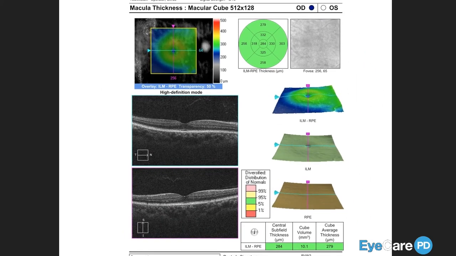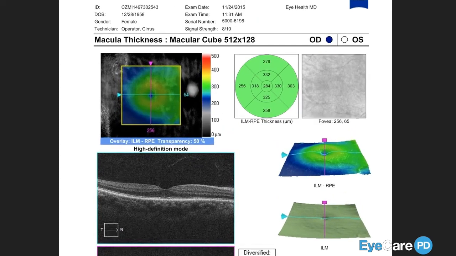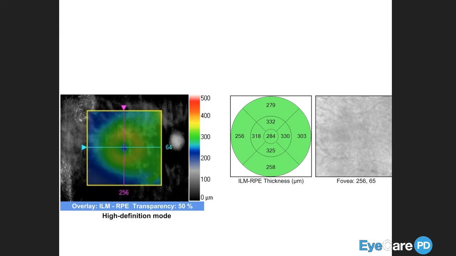Looking at the heart of the report, you can see that there are a lot of different sections, and we're going to start with this top section, which has a few parts. One is this area here, which is the map. It is a topographic representation that measures the thickness of the retina as measured from the ILM, the internal limiting membrane, all the way to the RPE, the retinal pigment epithelium.